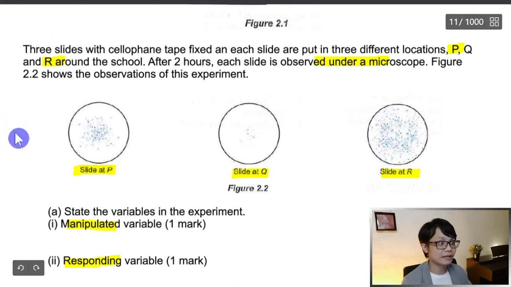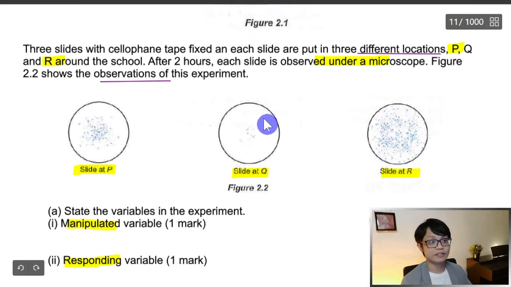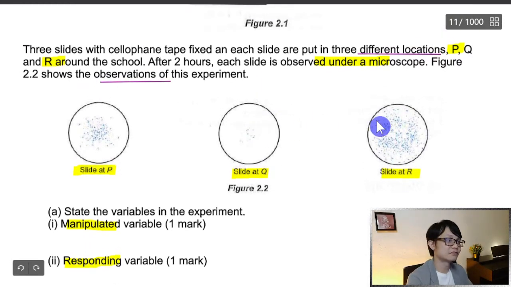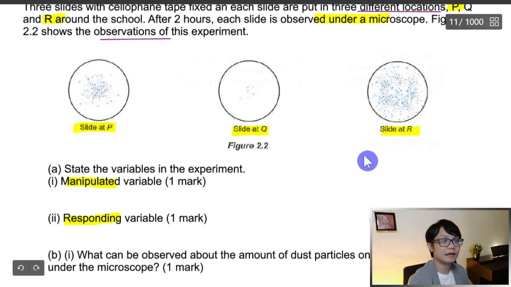Okay, let's look at the question. 3 locations. These are the things that you want to change. Manipulated variable is the thing that you want to change, and responding variable is the observation. Usually it's in the question, the observation. So let me write down the answer. Manipulated variable will be the type of location, the thing that you want to change.